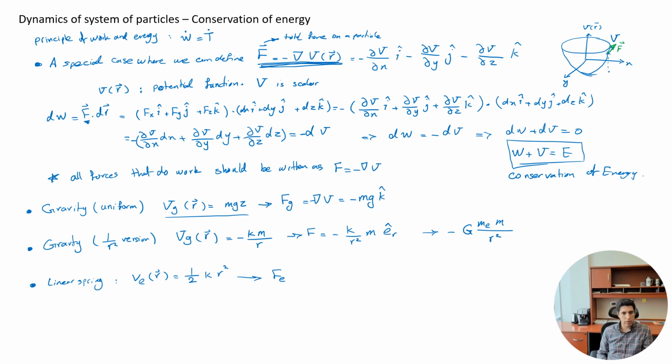And from here, F of this elastic element is minus k r in the direction toward that center. So what we see here is a more general case of conservation of energy, other than just gravity or spring. As long as we can define our forces using the gradient of a potential function, that force is conservative and the energy of the system remains constant.